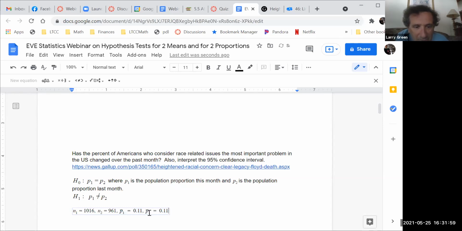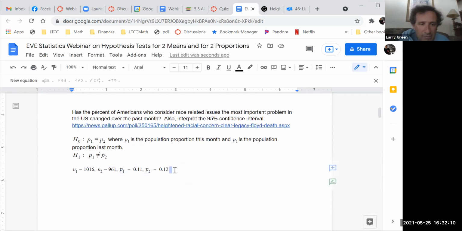And then P hat sub 2 was 0.12. Any questions on grabbing the data? Grabbing the statistics that we know?